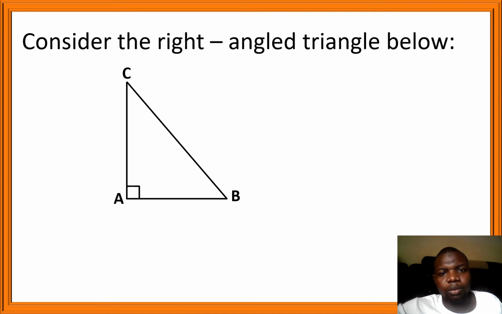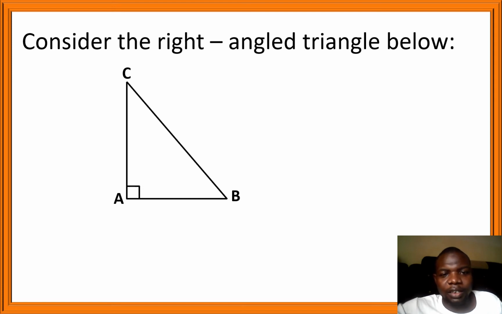So in today's lesson, we are going to consider the right-angled triangle below labeled ABC, where the angle at A is 90 degrees.